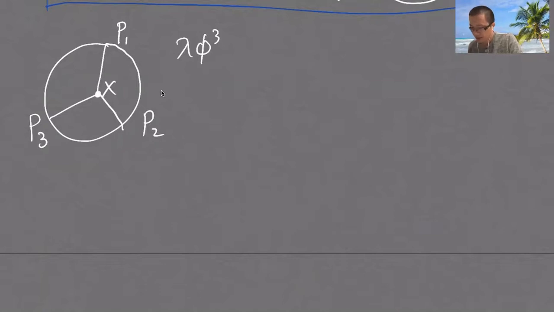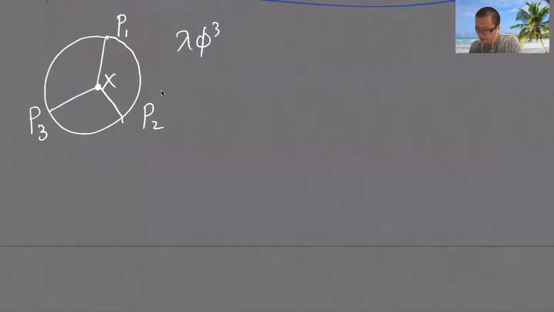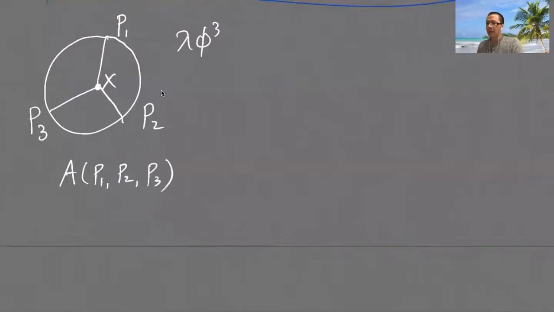All right, let's denote the correlator as, say, A, P1, P2, P3. Well, so say it's coming from a lambda phi cubed interaction, so this is proportional to lambda, and it's given by the product of three bulk to boundary propagators.